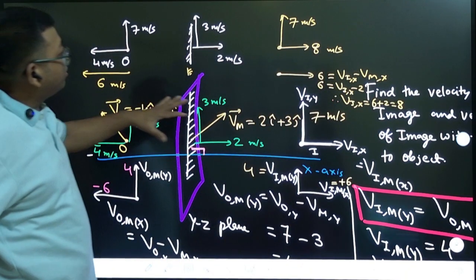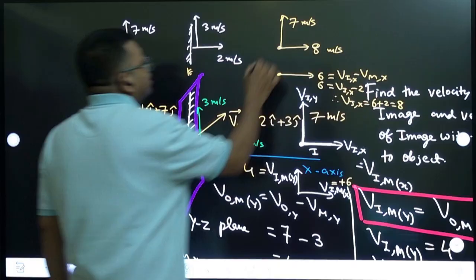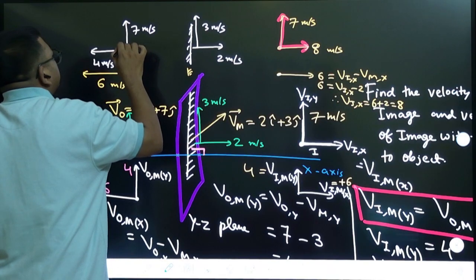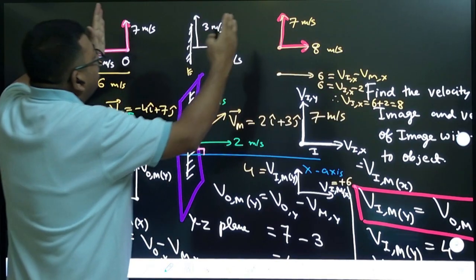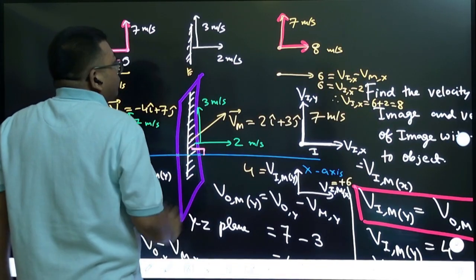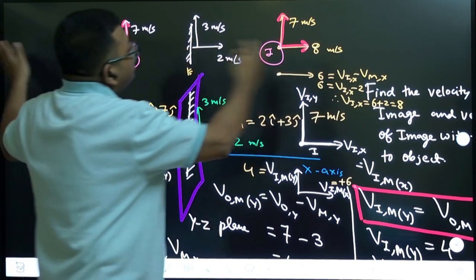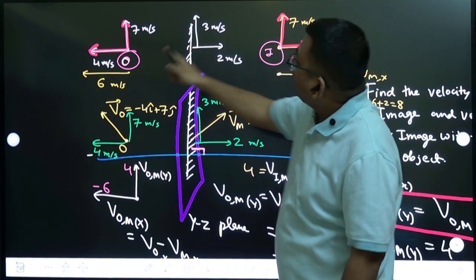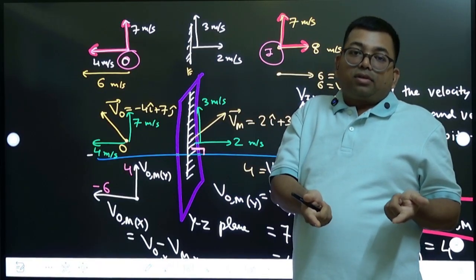So now you see there is very little calculation, and you can calculate directly. This velocity is 7, this velocity is 8. Here also this velocity you have got 7 and this is given already as 4. Now compare image and object. Study the image with respect to the object. The image is going along the y-axis at 7, the object is also going at 7, in the same direction, so relative velocity is 0, right?